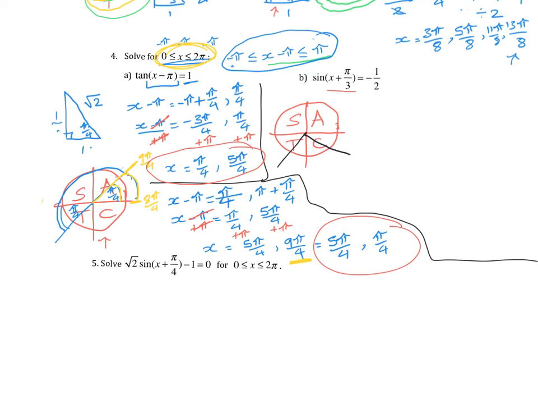I notice a half, 1 on 2, so that must be to do with the exact value triangle, not the pi on 4 one. Sorry, it looks terrible, doesn't it? Pi on 6, pi on 3, 1, root 3, 2. So for sine to be 1 on 2, the acute angle must be pi on 6. So this angle here on the unit circle is pi on 6, and this angle here is pi on 6.